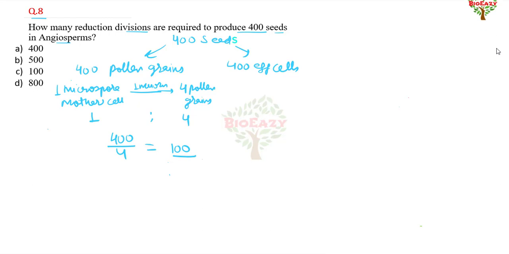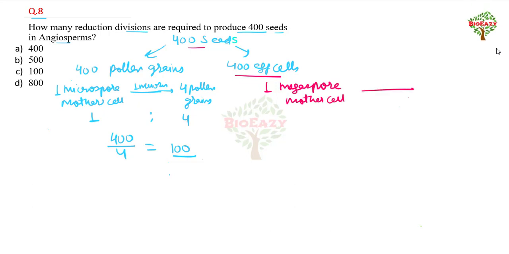On the other hand, the plant needs 400 egg cells for production of 400 seeds. So we all know that from one megaspore mother cell, after one meiosis, only one egg cell is formed. So here the ratio is 1:1.